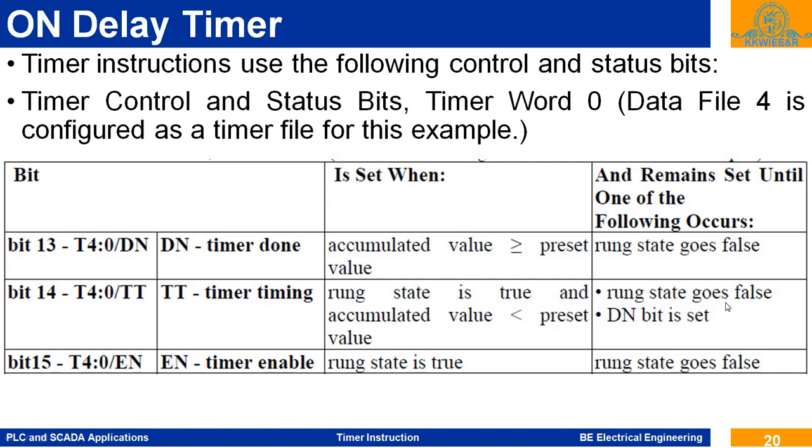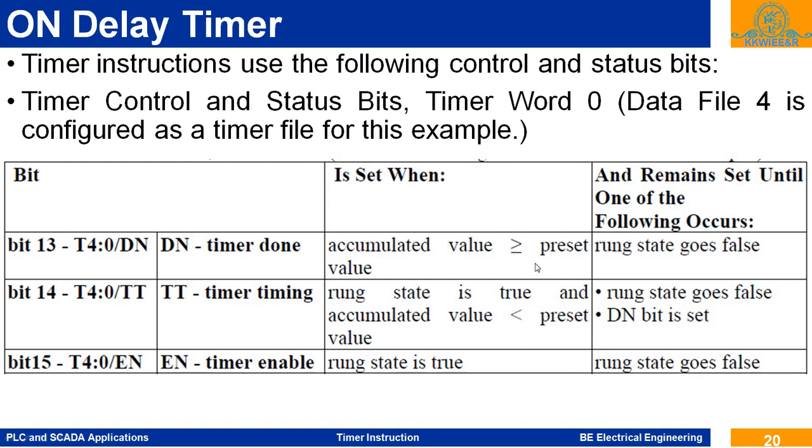When the run state goes false, or when the accumulated value is equal to the preset value, the done bit is set and the timer timing bit is reset. Okay. Enable bit. When the run state is true, your enable bit remains in a set condition. When the run state goes false, your enable bit is false.